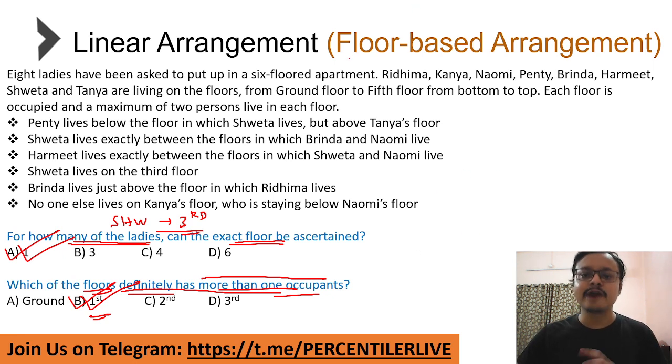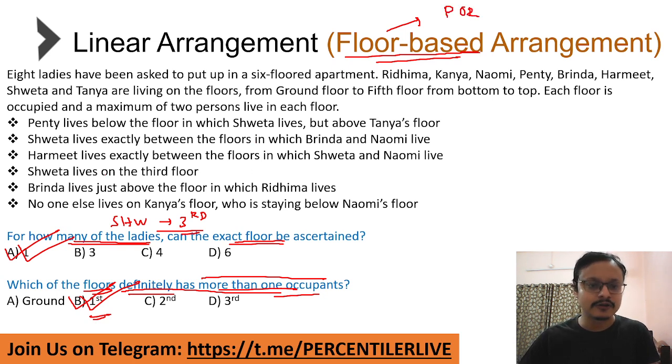So this is the way you have to solve any floors based arrangement. Again, it is similar in principle to linear arrangement. Start with identifying your point of reference. For example, in this case, a good point of reference was Shweta, on whom you have your direct clue provided. Then look for direct clues related to Shweta. For example, there was a direct clue related to Shweta, Brinda and Naomi.